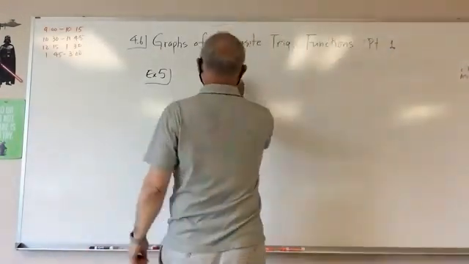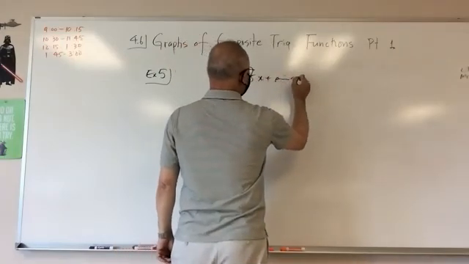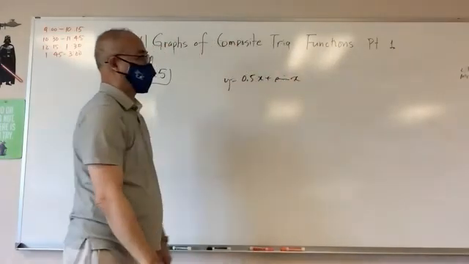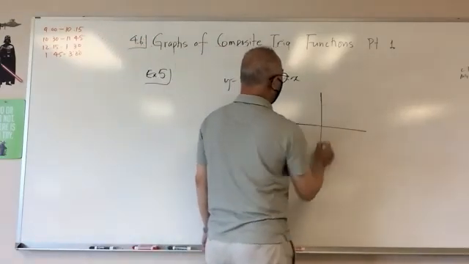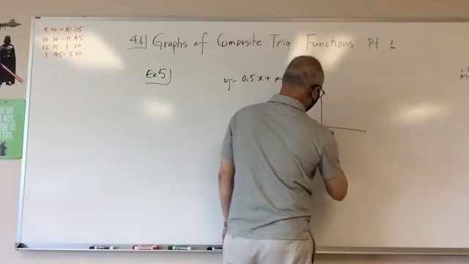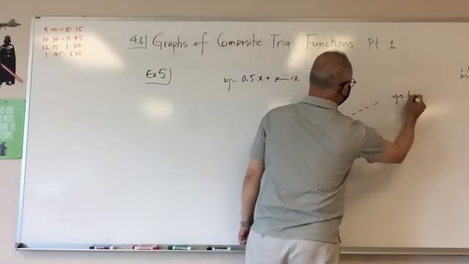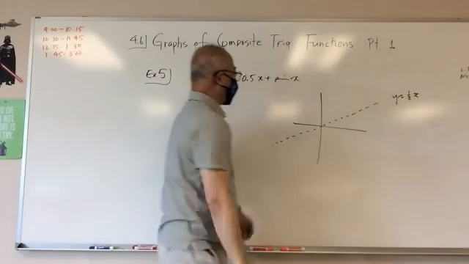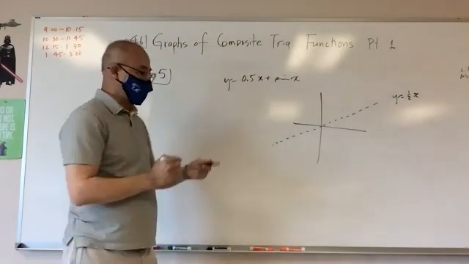So we're going to have y is equal to 0.5x plus sine of x. So y is equal to 0.5x is 1/2 x, right? So this is y is equal to 1/2 x. And to this, we're going to add sine of x, right?